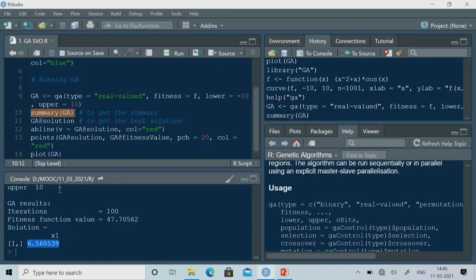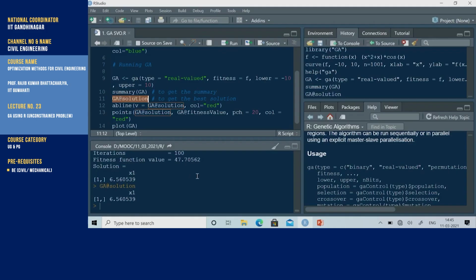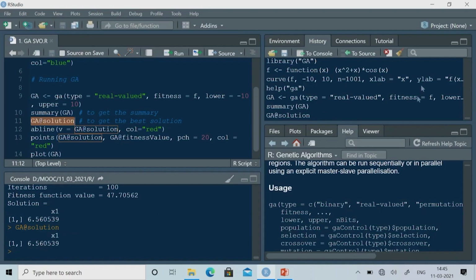I can also see the final solution using ga@solution. If I execute this particular line, I will get the solution. You can also see that one. So this is the solution, x1 equal to 6.560539.